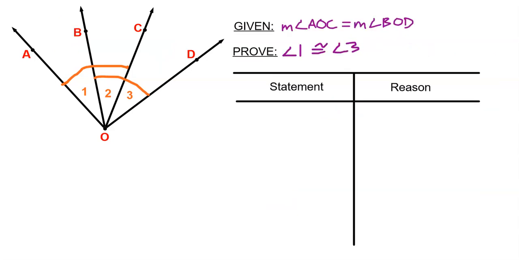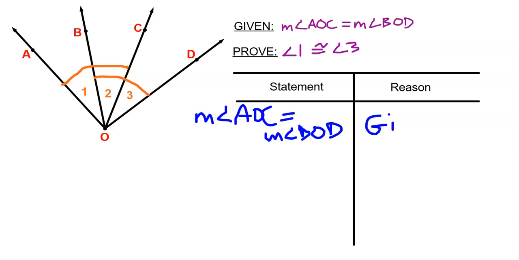So again, we set up our two-column proof with statements on the left and reasons on the right, and we always start with the given, that the measure of angle AOC is equal to the measure of angle BOD, because that is given. So now in this case, we can look at angle AOC and say, well, angle AOC is made up of angle 1 and angle 2.